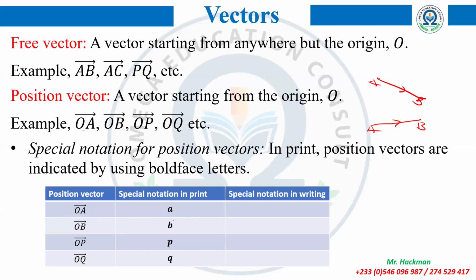The special notation that you see in print is that this a is bold. However, when you are writing it, we don't encourage you to bold it. To indicate the vector nature, you write the small letter a, then put a curly line just below it.